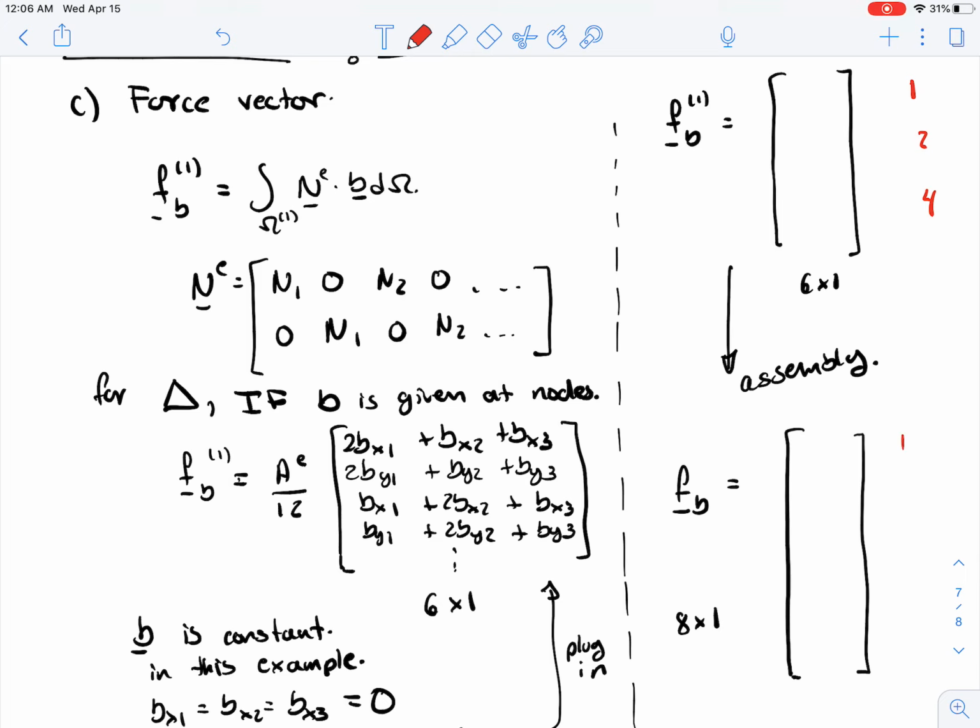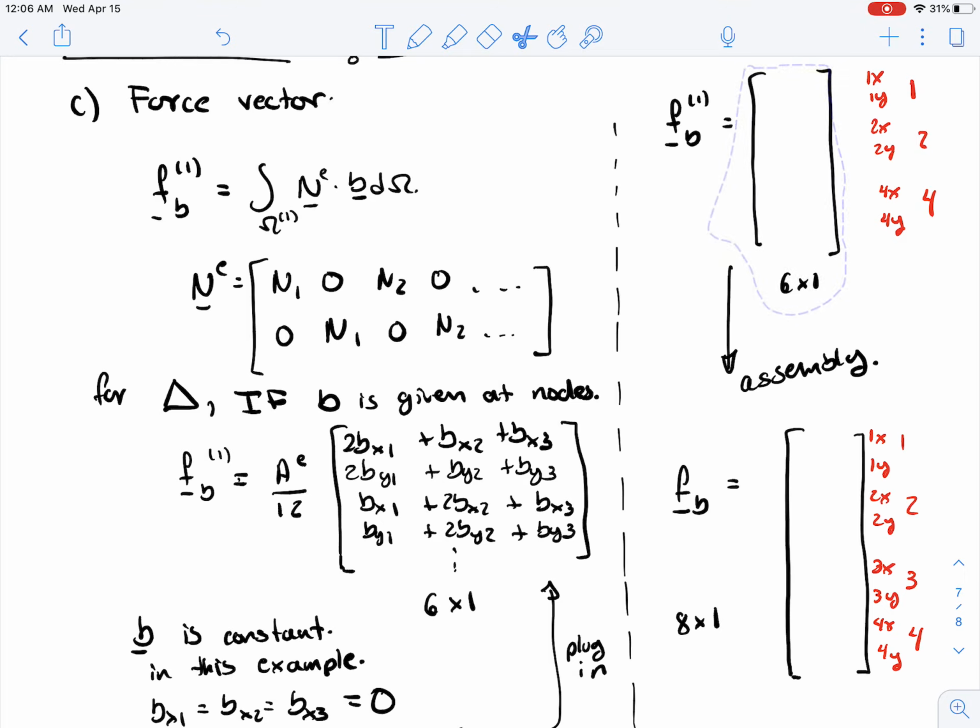You would have 1, 2, and 4, which are the global node numbers associated with element 1, and here you would have all of them. So 1, 2, 3, 4. So here you can see that this one has associated degrees of freedom 1x, 1y, 2x, 2y, 4x, 4y, and here 1x, 1y, 2x, 2y, 3x, 3y, 4x, 4y.